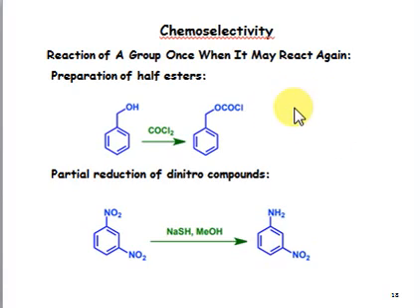Here you can see that this benzyl alcohol can react with this, and also another molecule of benzyl alcohol can attack on that. So this reagent, this oxalyl chloride, can act twice, but we only want to react once. For that purpose, we use the other reagent in a lesser amount.